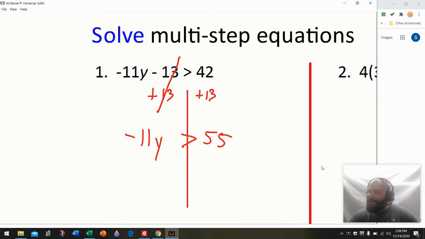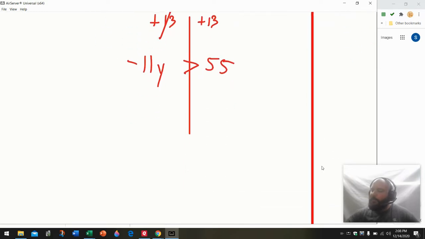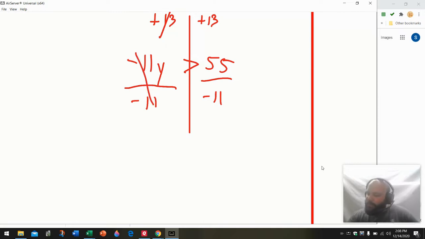Now, following that first step, you can see that there's still a negative 11 that is multiplying the y. So we need to get rid of that negative 11 multiplying. And in order to undo multiplication, we are going to divide by negative 11 on both sides. And when I divide by negative 11 on both sides, on the left-hand side, this cancels. I'm left with just y. On the right-hand side, it is going to be negative 5.